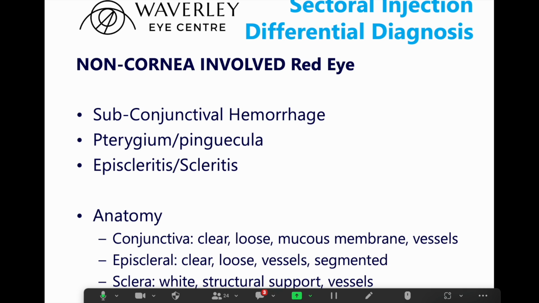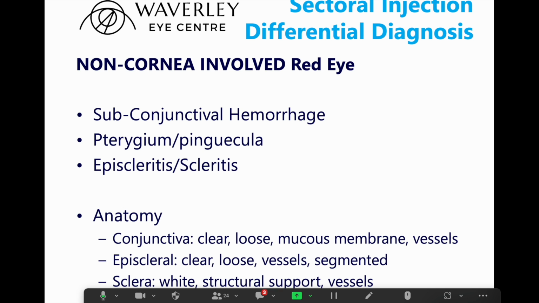But let's talk about the anatomy of the eyeball, so of the conjunctiva. The top layer is the conjunctiva. Conjunctiva is a clear, loose mucous membrane that has blood vessels in it. Underneath the conjunctiva is the episclera. It's another clear, slightly less loose tissue that has blood vessels in it. But the episclera is kind of segmented, like it has different sections in it.